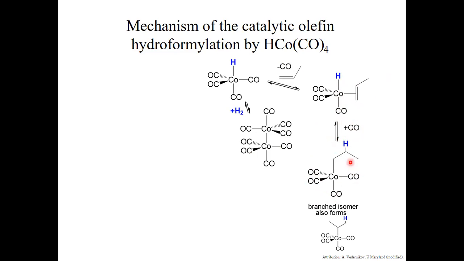Again, there are two possibilities. This carbon can make the bond with cobalt, or this carbon. If it's this carbon, then we get the linear alkyl group, and if it's the other carbon, then we're getting a branched byproduct.